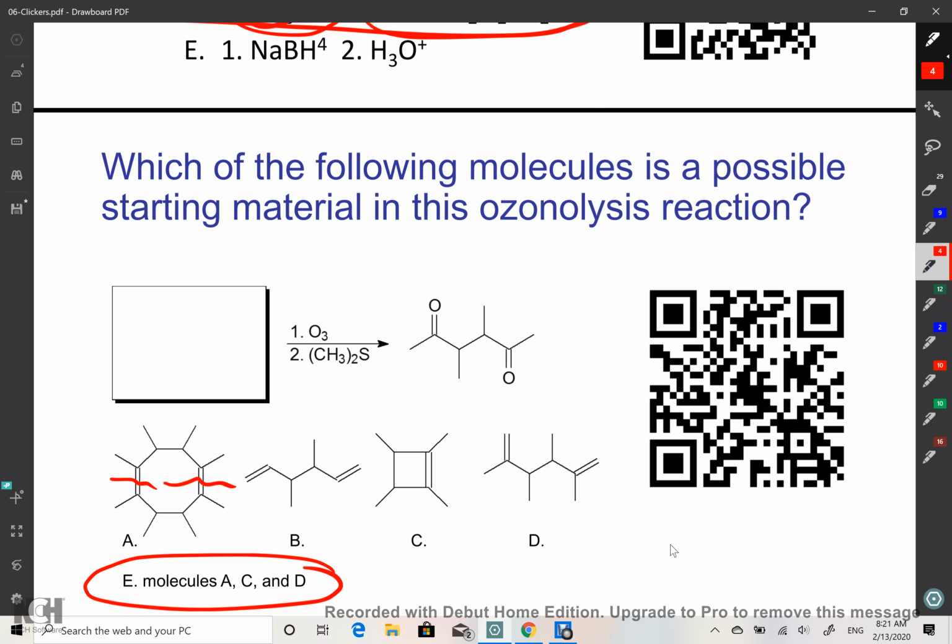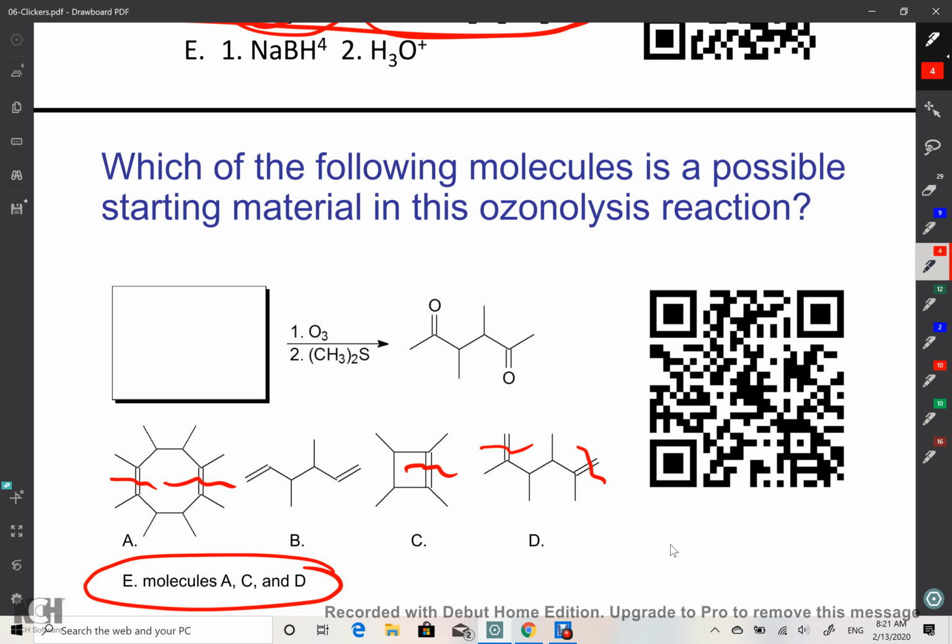Same thing with C and with D: divide and cap each of them.